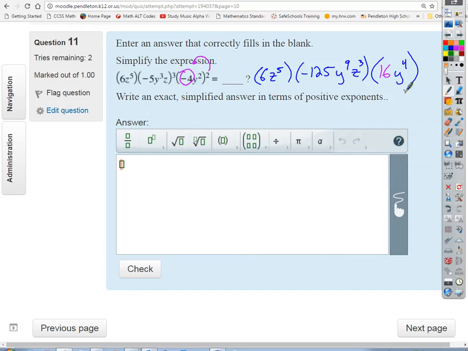So our final answer, 6 times negative 125 is going to be what? 850? No, 750 times 16. So that's 7,500 plus 900. What? Is that 8,400? Is that right? Somebody check me on that. Use your calculator. I think that's right, but I might have messed that up.